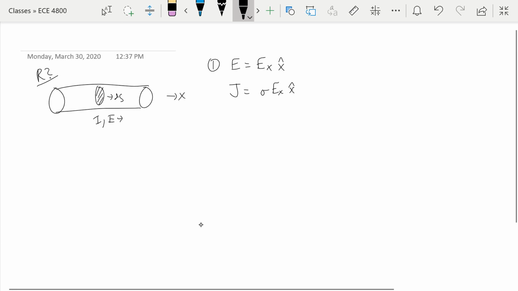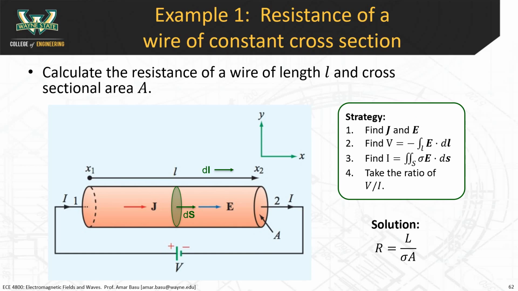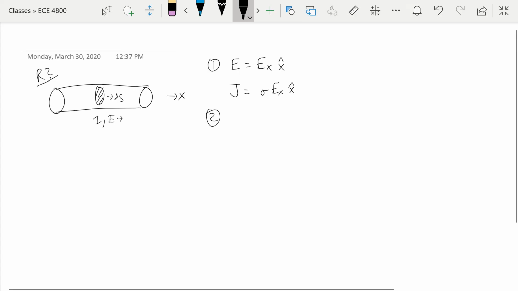Okay, so now the next step is to find V. V is the negative integral of E dot dl. Now we have an integral to do, so we have to think about what our E is and what our dl is.